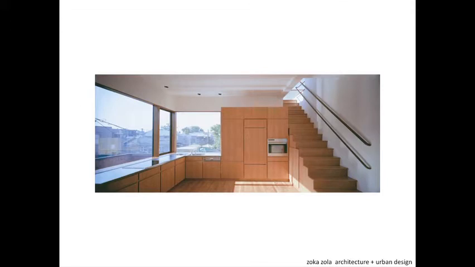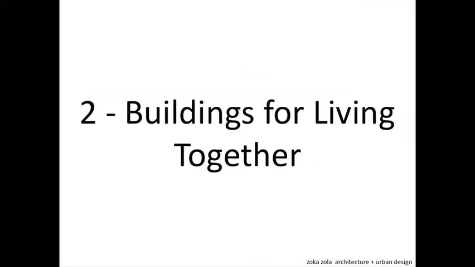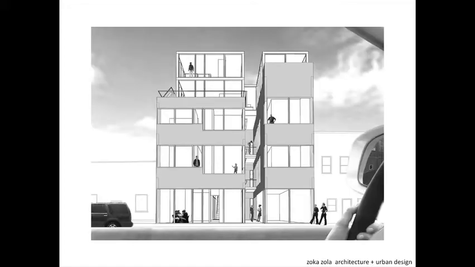And the second strategy would be when the building is created for being together, because buildings could do that. I'm a great believer in architecture that it could do everything.